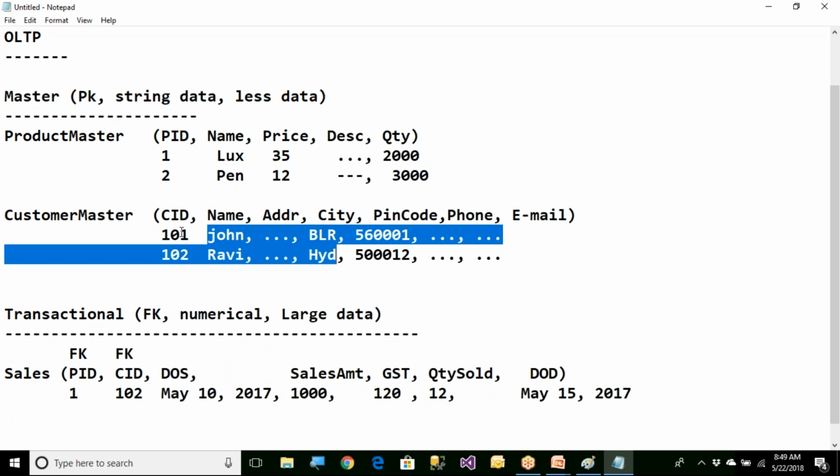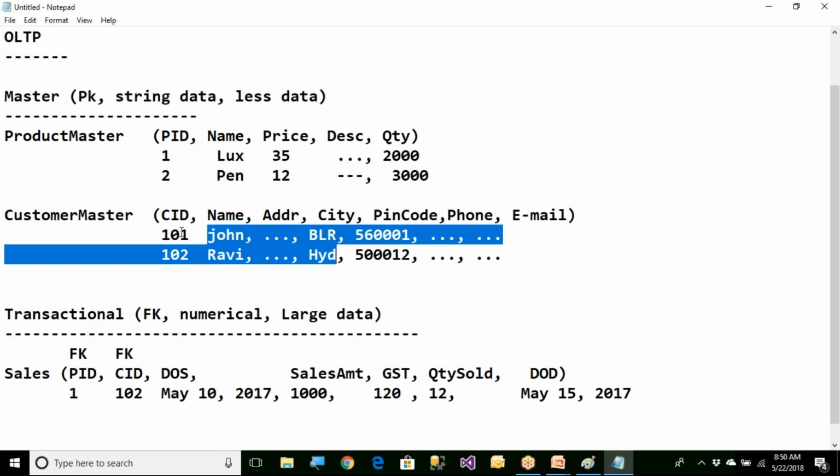Now let us talk about the customer. Most customers are already registered with Amazon.com because it is the number one site. The maximum customers have already been added. So when you open the site tomorrow, very little data will come into the customer master table.